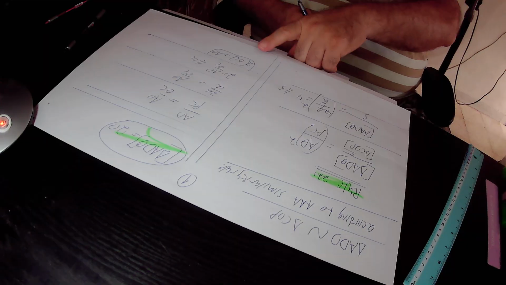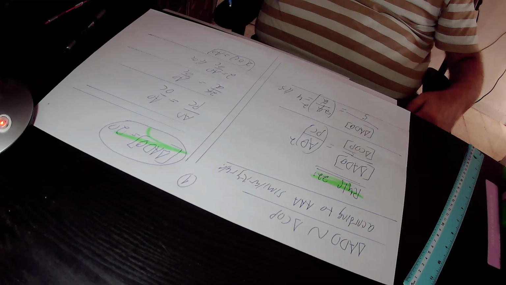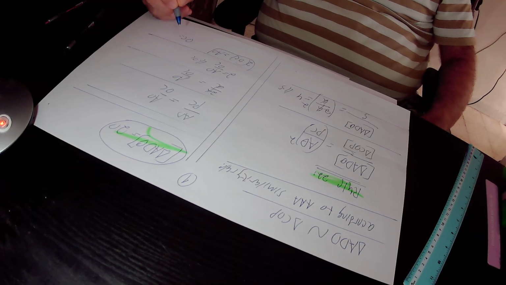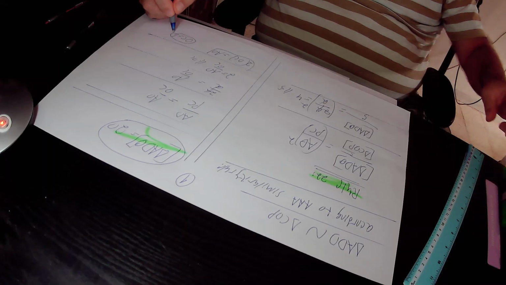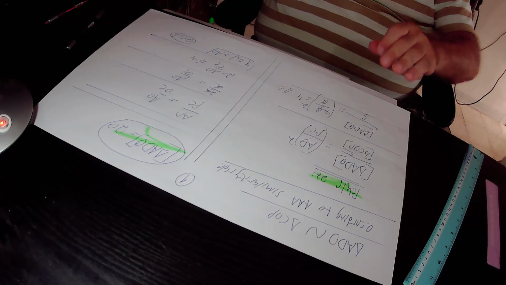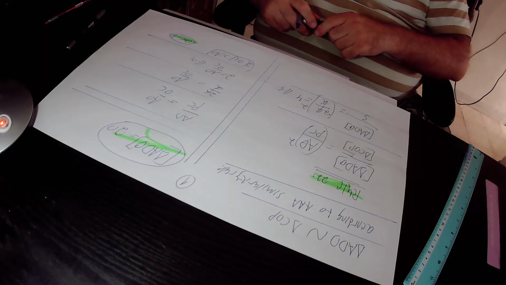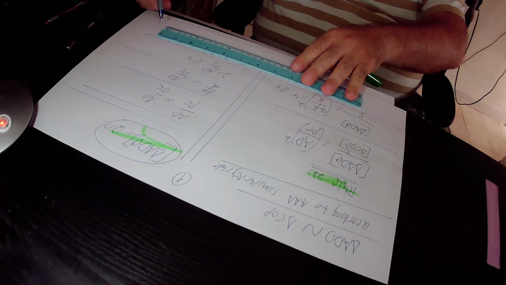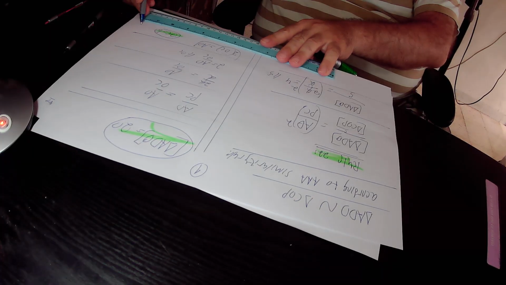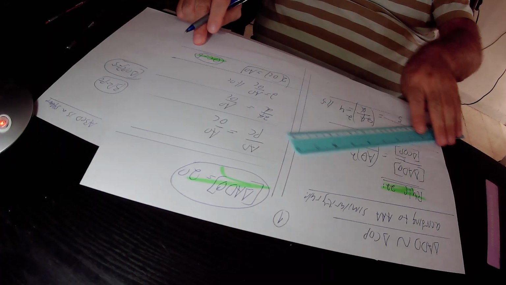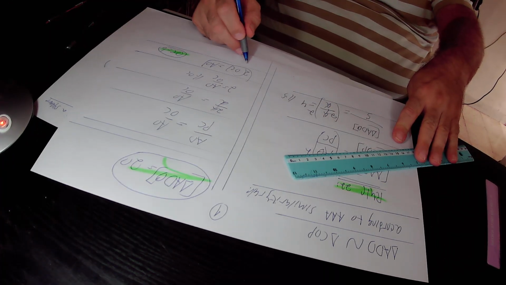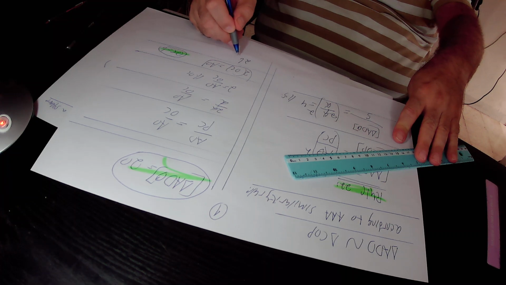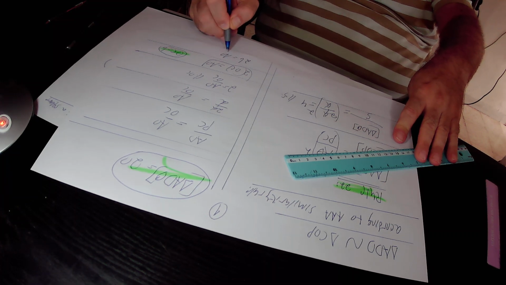We define the length of side OC as B, and we substitute OC in the equation by B, and we get that 2 times B is equal to AO.